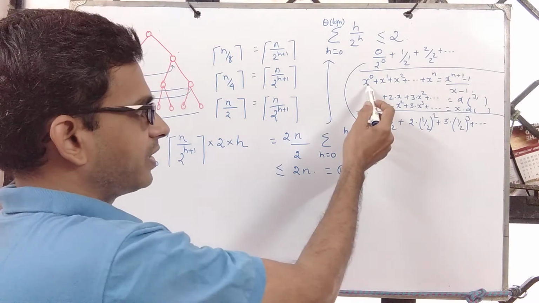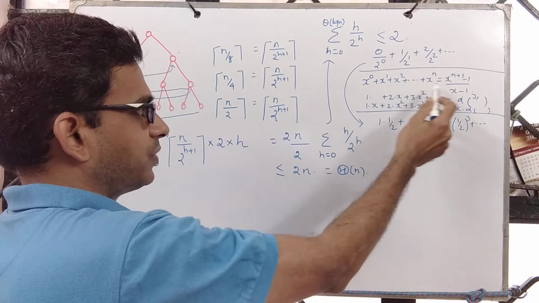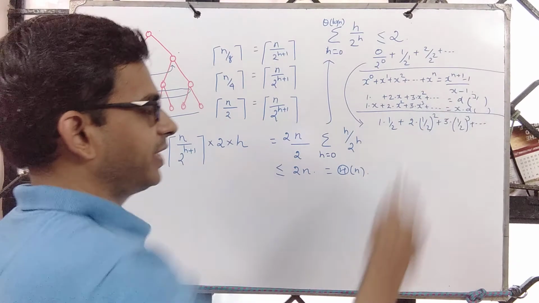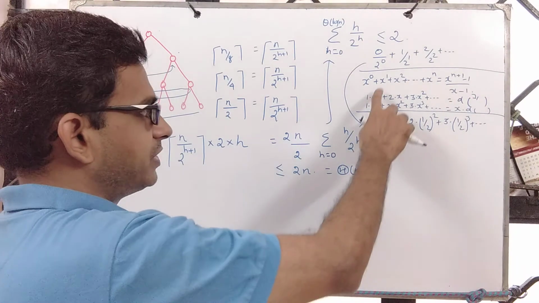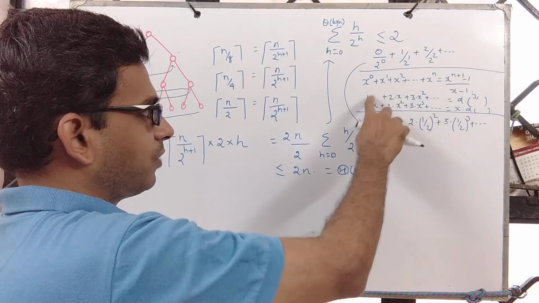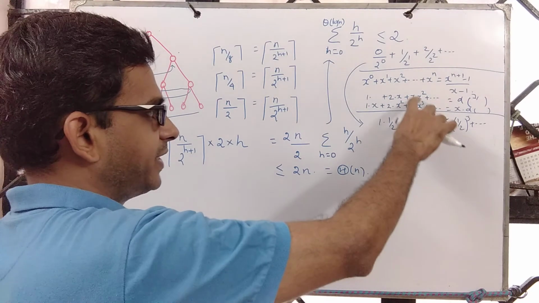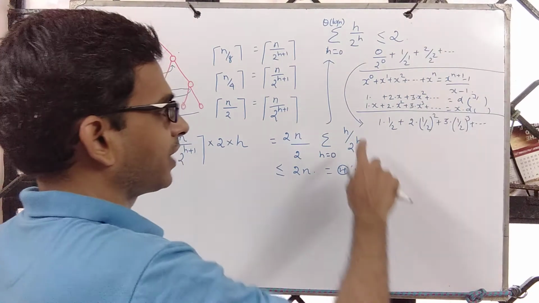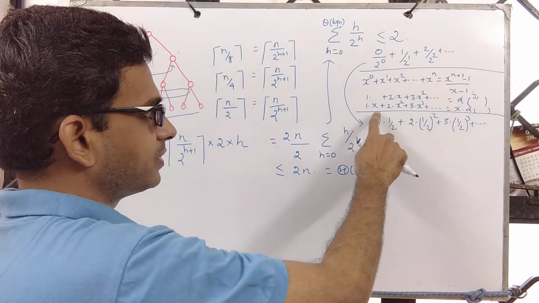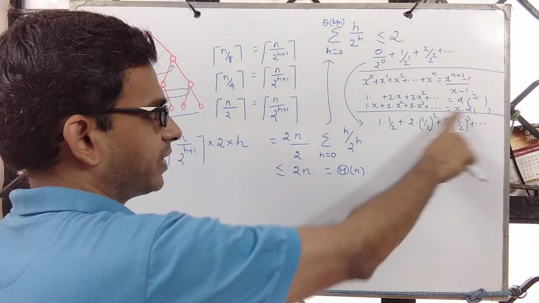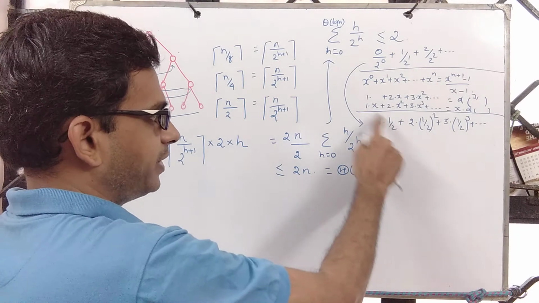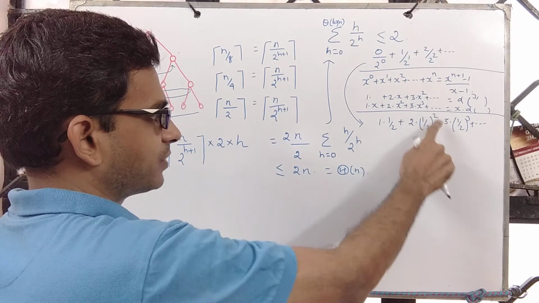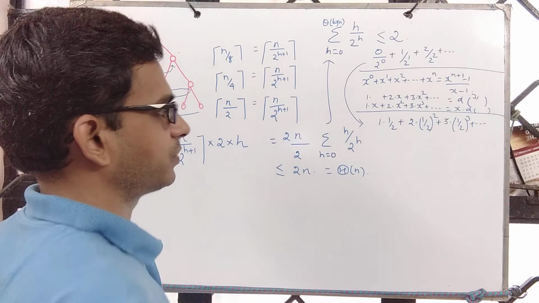Look at this one, x power 0, x power 1, and so on, which is x power n plus 1 minus 1 by x minus 1. Then differentiate with respect to x, you get 1 plus 2 times x plus 3 times x square, and so on. Then you multiply x on both sides, you get 1 times x, 2 times x square, and so on. That's precisely what we have: 1 into half plus 2 into half square plus 3 into half cube, and so on.